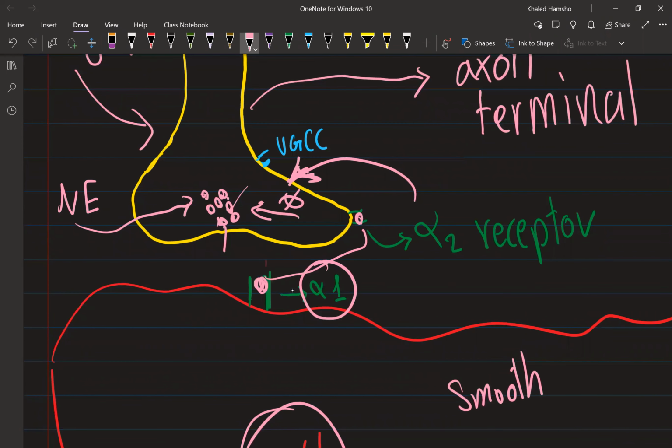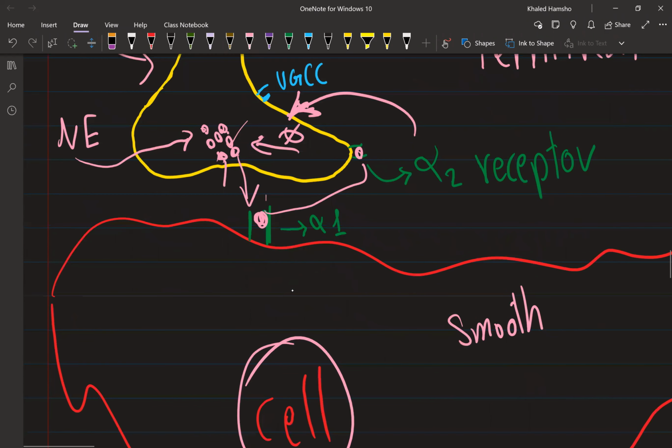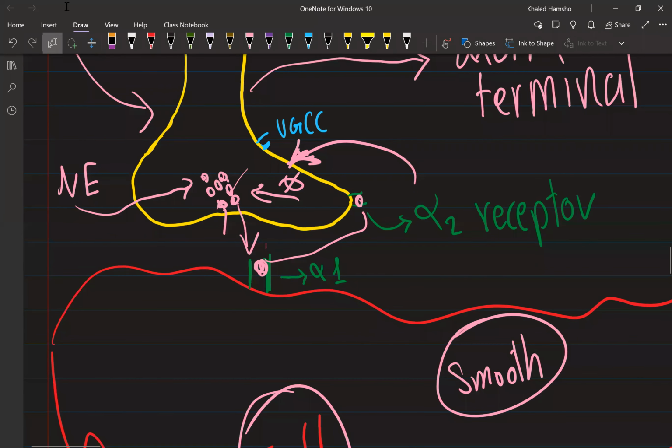So these norepinephrine will do their thing. They'll go bind to the alpha 1 receptor, and they do their thing over here. Whatever they do to this smooth muscle, they do it. Alpha 2 technically monitors how much norepinephrine is released.